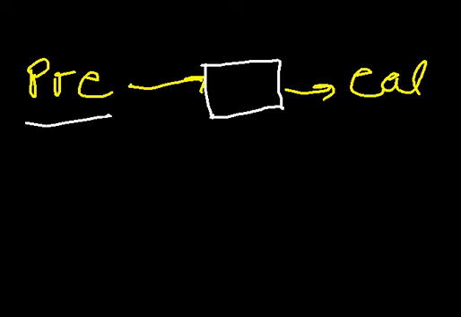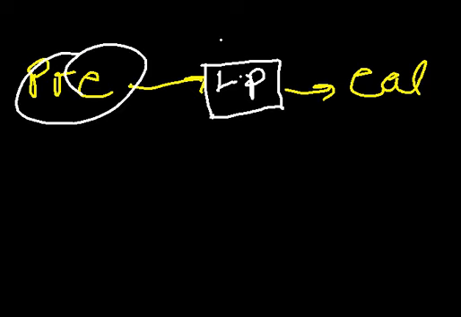The bridge that connects the two is what you call the limit process. The limit process is the machine or the bridge that helps us translate from precalculus mathematics to calculus mathematics.